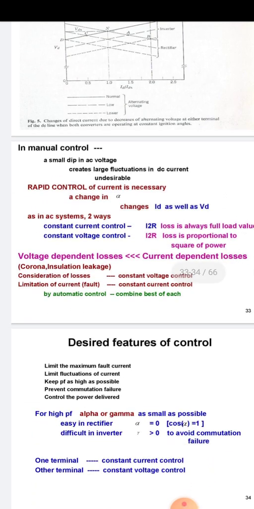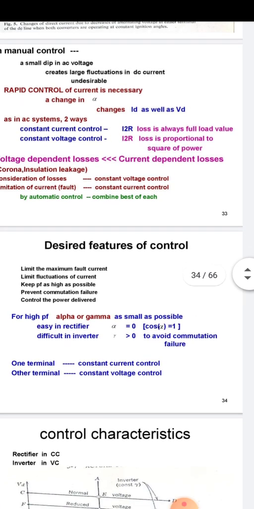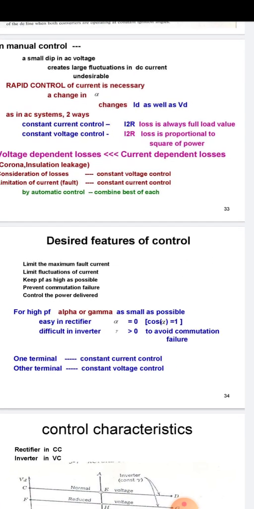An automatic control system combines the best of each. Then decide the features of control. It has some features: limit the maximum fault current, limit the fluctuation of current, keep the power factor as high as possible, prevent commutation failure, and control the power delivered.